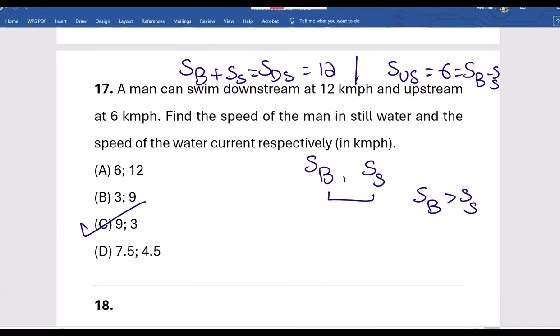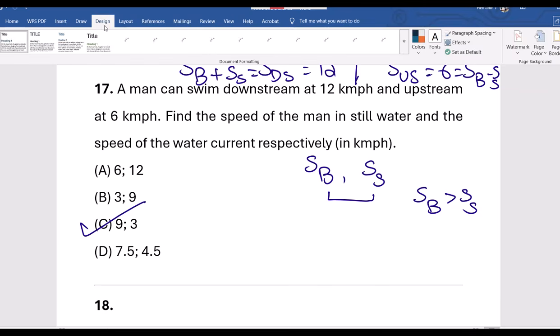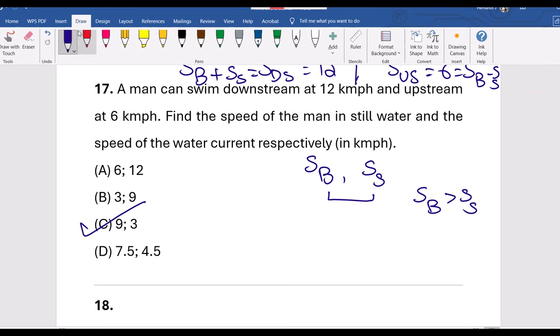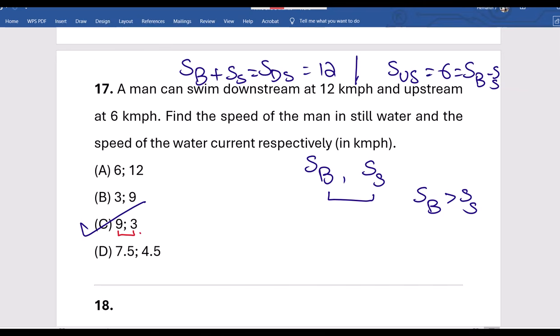Option A is a blunder, B is a blunder because man speed should be more than that. A and B eliminated. Subtracting must be equal to 6. Here it is 3 only, D eliminated. Adding 12, subtracting 6.